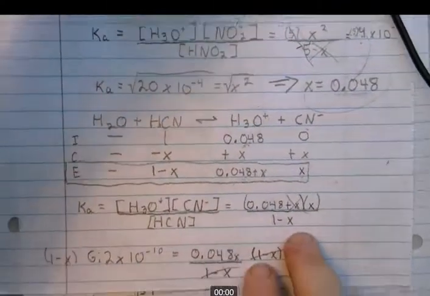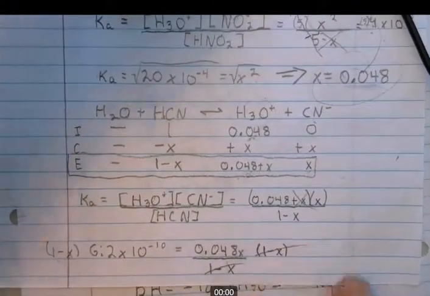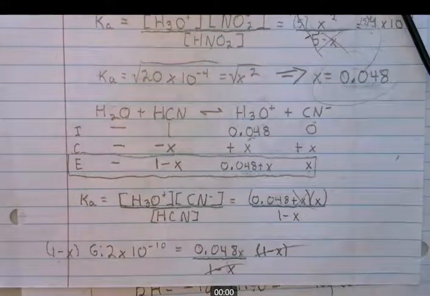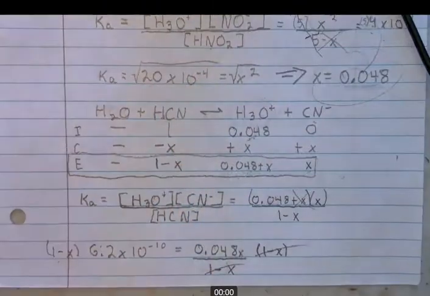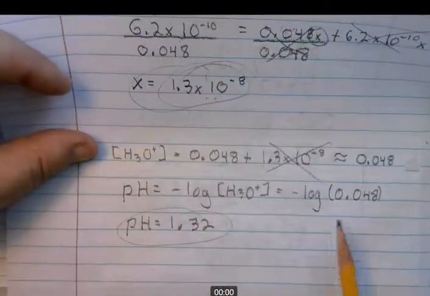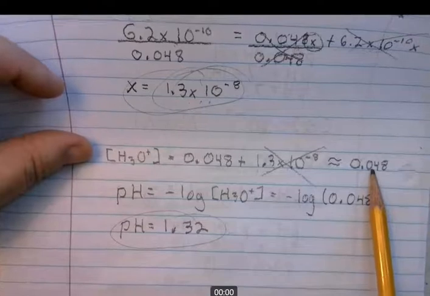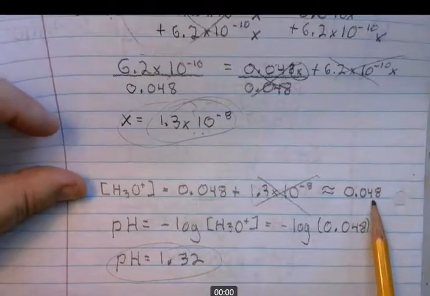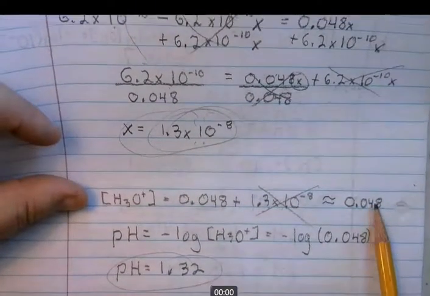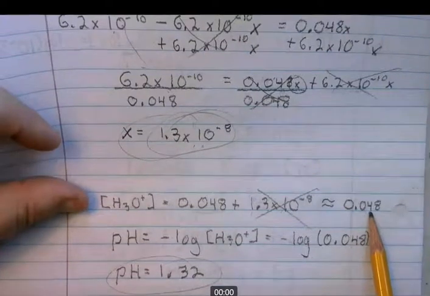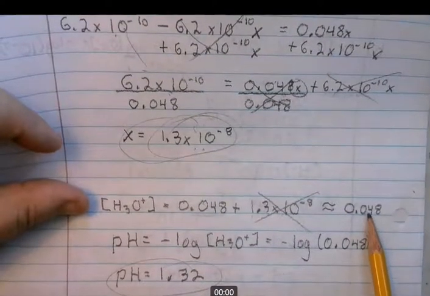The hardest part for some of you will be the math, but it's basically high school math, integrated math too, at the highest here. So you figure that out, and you come out at the end of the day with the fact that pretty much the H3O concentration, even after you've reacted the weaker acid, is still 0.048. Almost none of the weaker acid dissociated. It pretty much stayed together.